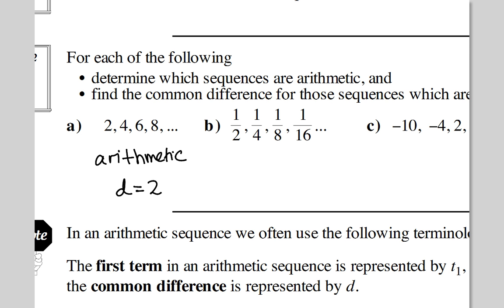Is the next one arithmetic? No. What is it? It's geometric. They call it the R value. It's similar to the D value. What would the R value be there? 1 over what? Careful. Yeah, 1 over 2. Why is it 1 over 2?